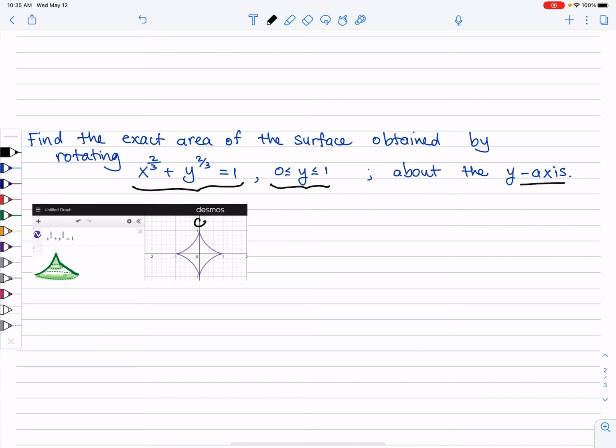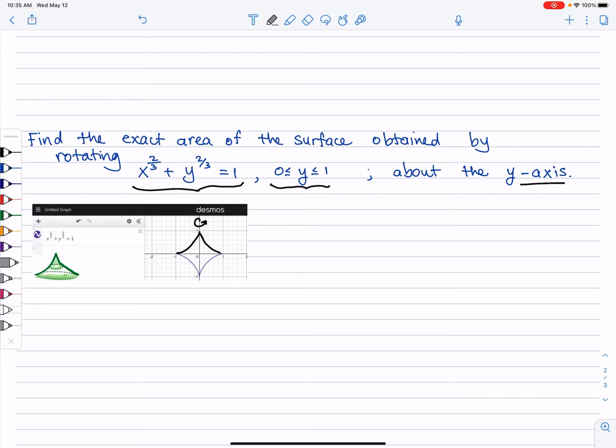So we're going to be rotating about the y-axis, but we're only going to be rotating the part of the curve, not the area, again, the part of the curve that goes in terms of y from 0 to 1. So we're looking at rotating this part about the y-axis.